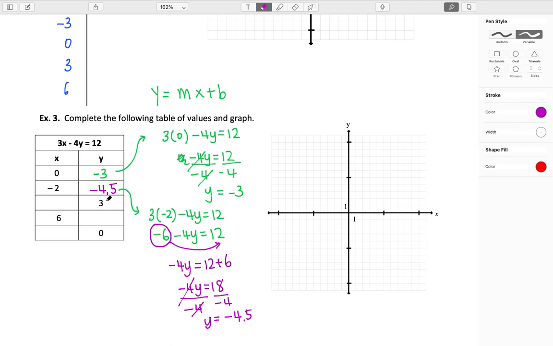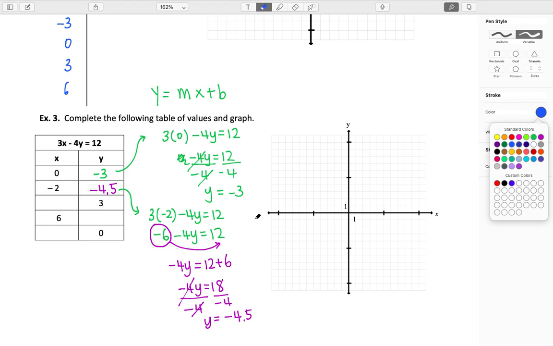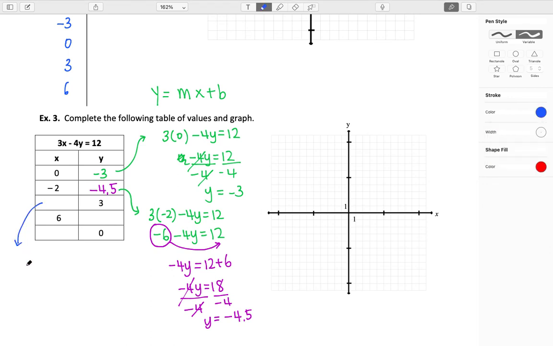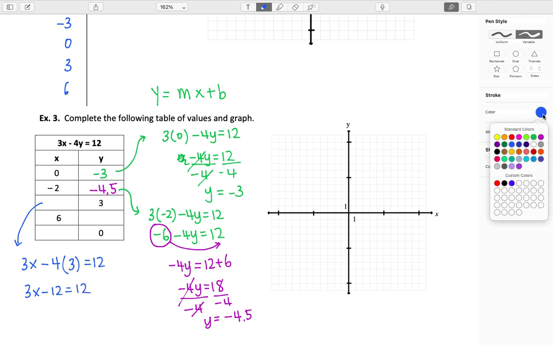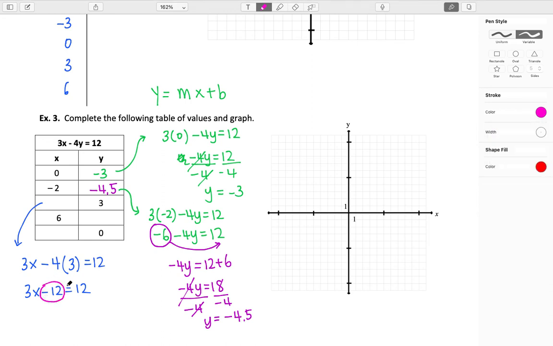On the other hand, if we are given a y value, it's the same thing. So for this one, I'm looking for x. 3x minus 4, instead of writing y, I will be plugging in 3, equals 12. And I'm going to move 12 to the other side, -12, by collecting like terms. So 3x equals 12 plus 12.